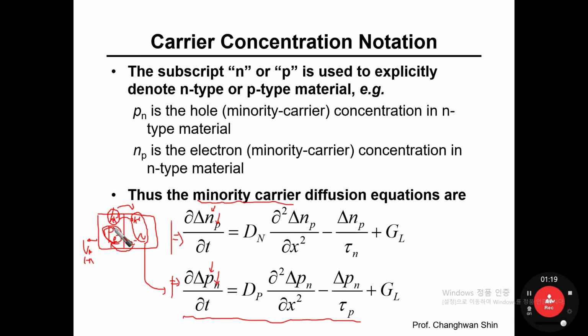So in this combination, take a look at the first line here, the electron concentration in the p side. How much excess electron has been injected into this p-side material, delta n sub p, varies over time, and that can be described by this second order derivative equation.